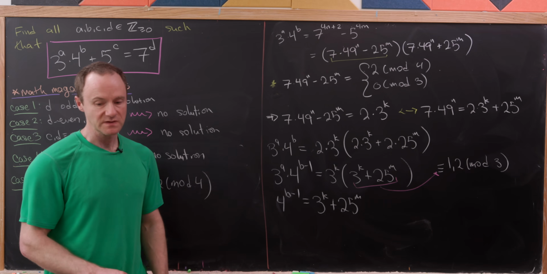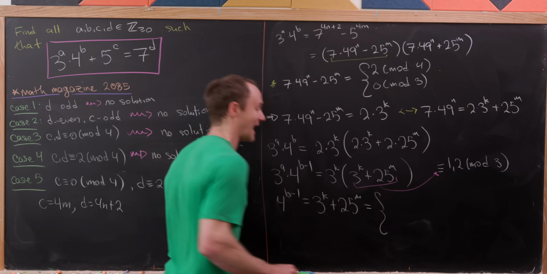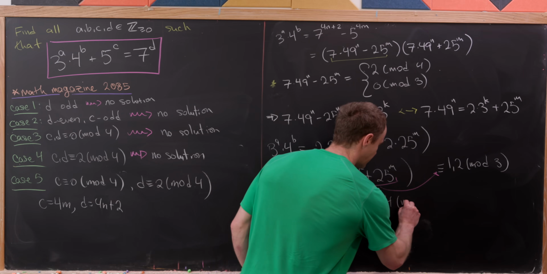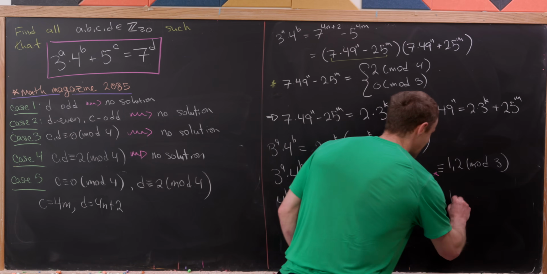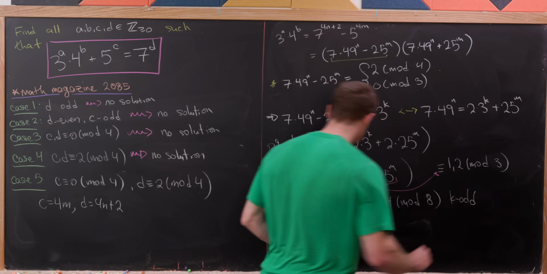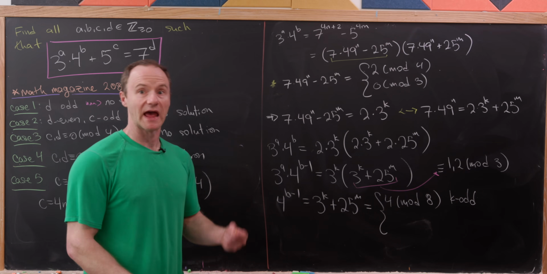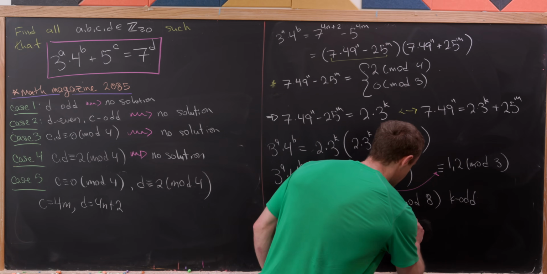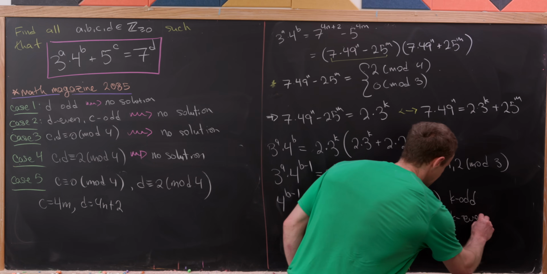And now what I want to do is reduce that thing modulo 8. But if we reduce that mod 8, we'll see that we get 4 mod 8 when k is odd. Because if k is odd, this is congruent to 3 mod 8. And then if k is even, we get 2 mod 8. Like I said, that's when k is even.